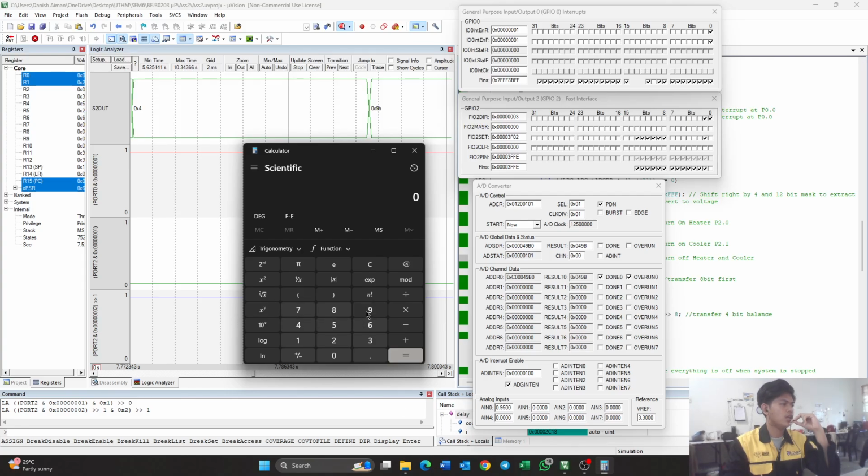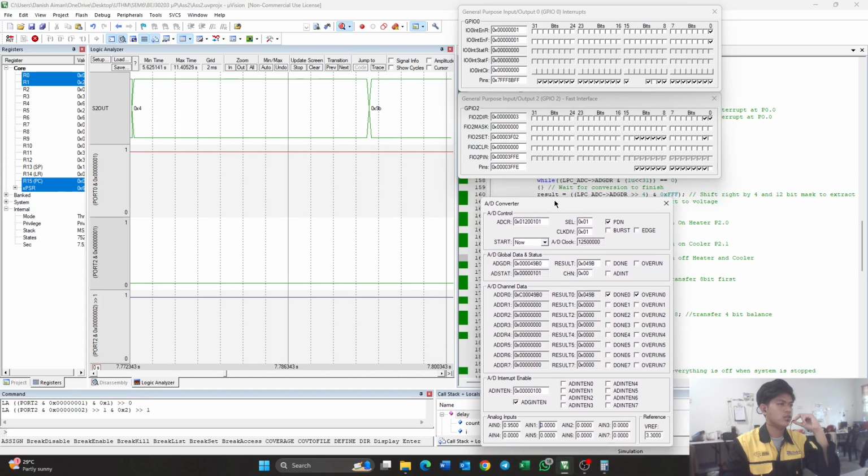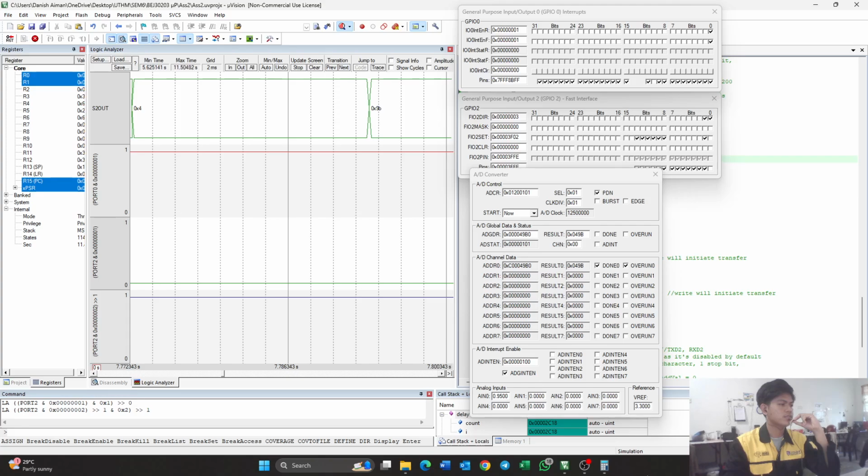Let's make an example of 95 degrees. The value of the water temperature divided by 3.3 and times 4096.